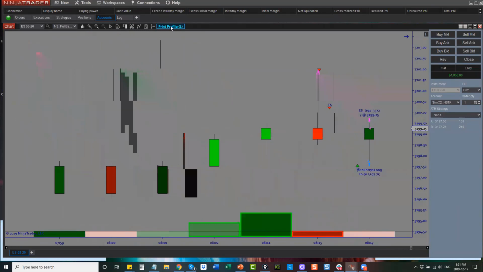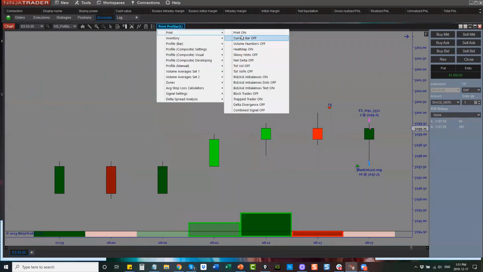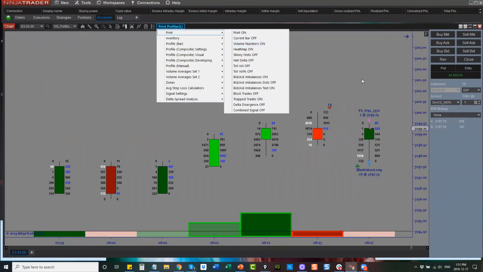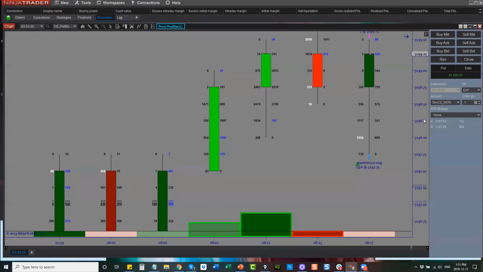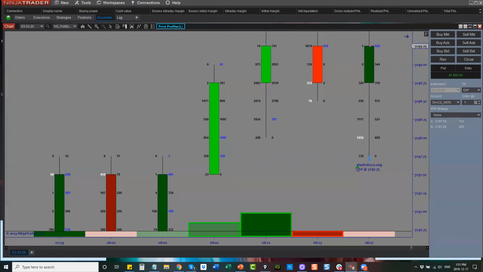Let's turn on the print, and let's go into this bar for a second and analyze the numbers. When price was coming down, I want you to pay attention to the math.